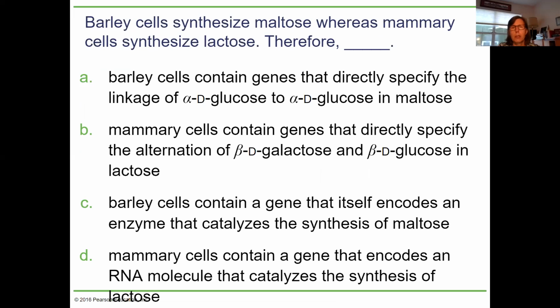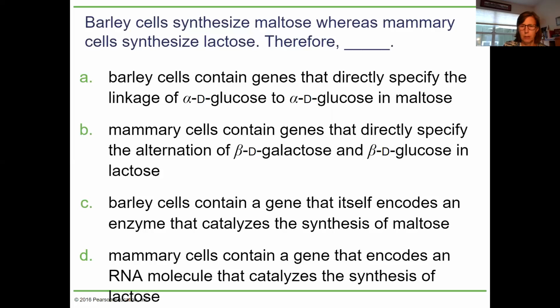Okay, barley cells synthesize maltose, whereas mammary cells synthesize lactose. Therefore, barley cells contain genes that directly specify the linkage of alpha-D-glucose to alpha-D-glucose in maltose. Mammary cells contain genes that directly specify the alternation of galactose and glucose in lactose.